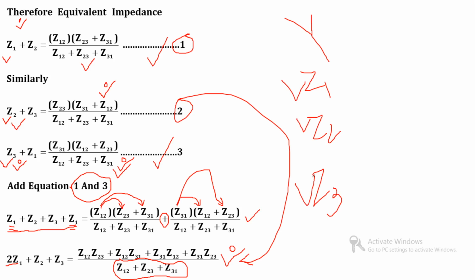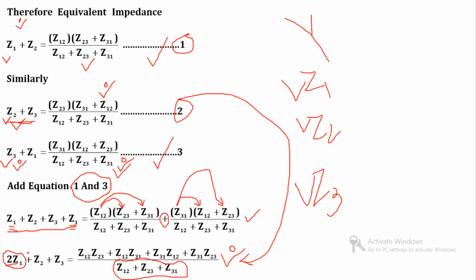Now on the left hand side we have 2Z1 plus Z2 plus Z3. If I subtract Z2 and Z3 from this equation, then only Z1 will remain, because Z2 and Z3 will cancel out.